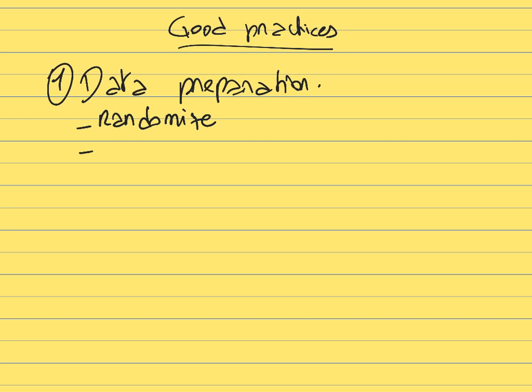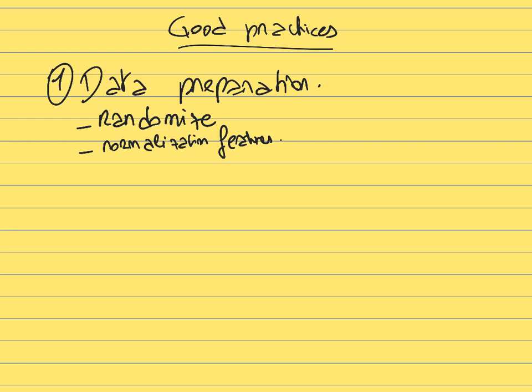So if you don't do some feature normalization, then your model will put a larger weight on the features that change a lot, and will think that the features that don't change so much are actually less important.